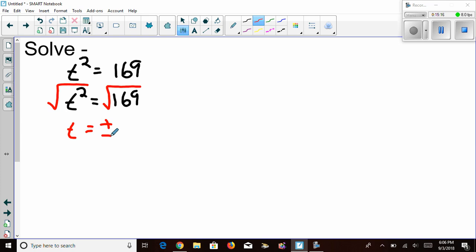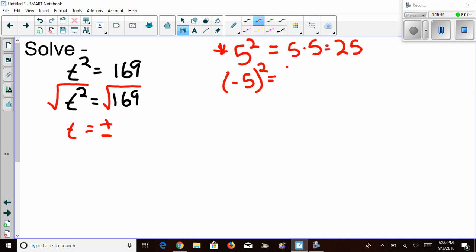Because if I look at the case of, so side note, 5 squared and negative 5 squared, so positive and negative 5, well, that's 5 times 5 equals 25, and negative 5 times negative 5, negative times a negative is positive, so still 25.